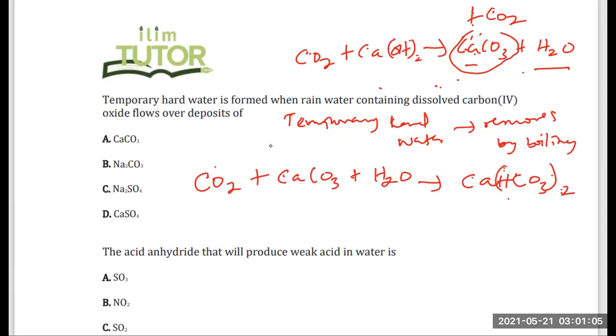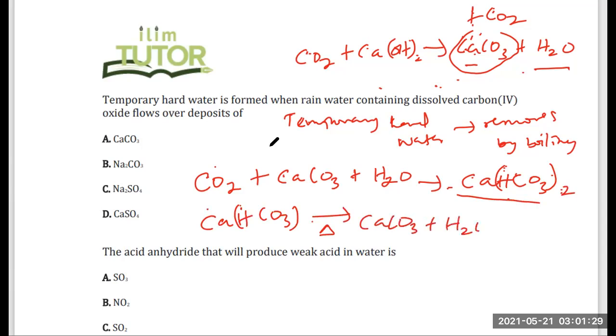If I heat the mixture, then the milkiness will reappear. So this ability to decompose on heating means that if I apply heat, I'm going to form this back, and the CO2 will be given off as a gas.